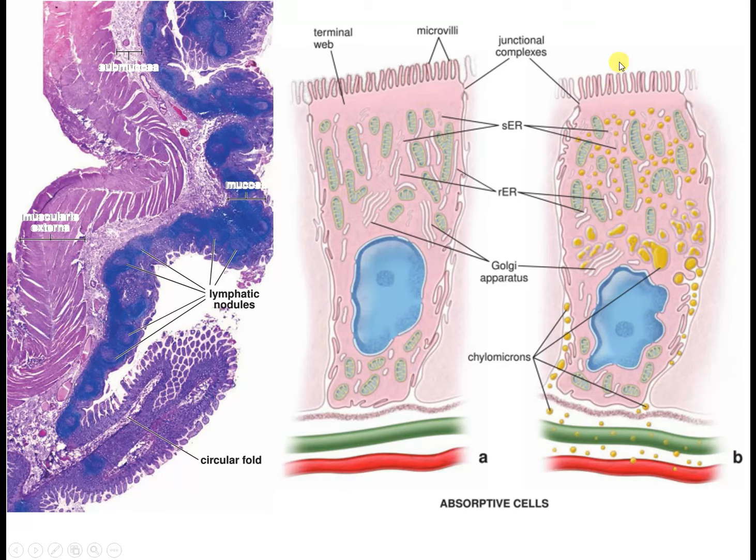So actually, absorption of lipids is happening here. The lipids are absorbed into the cytoplasm, and then these lipids should be processed. The lipids we absorb are not always associated properly with our body.